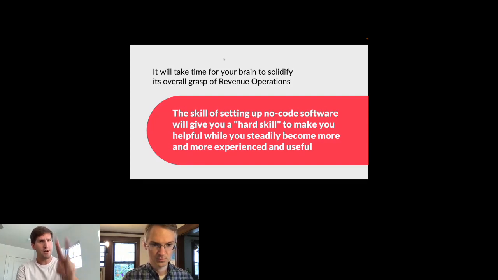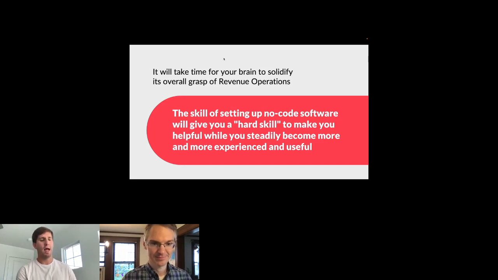There's your customer lifecycle. There are your gaps. There's a problem, there's a problem, there's a problem, go. The skill of being able to actually set up a CRM is the hard skill that helps get a Russian literature major a job, where just the skill of planning and flow charting might not be good enough to get them hired, but being able to actually implement it within a CRM, that'll get you hired.